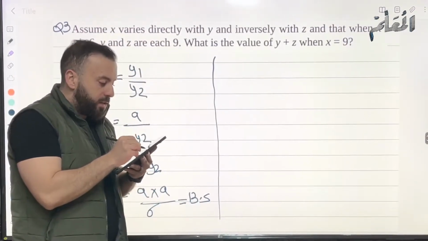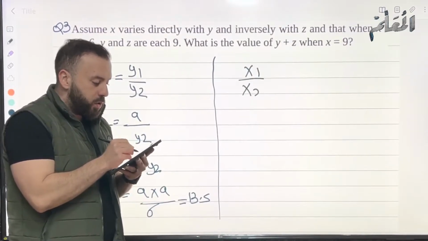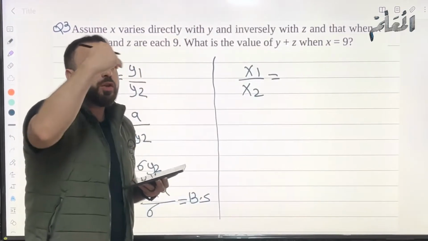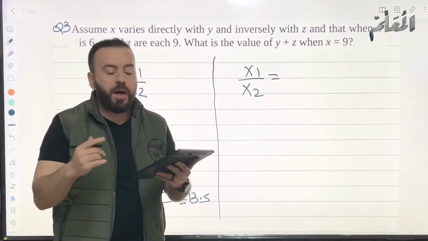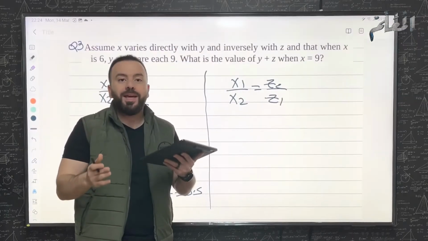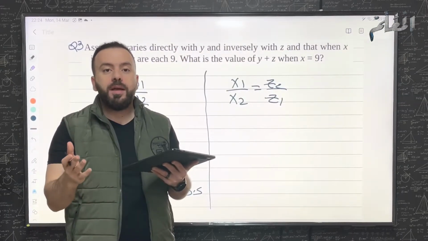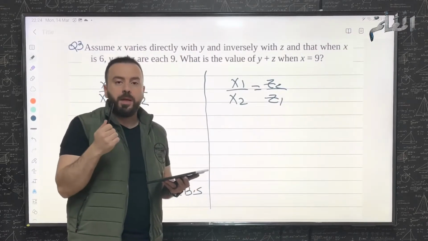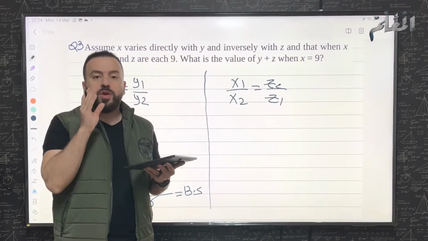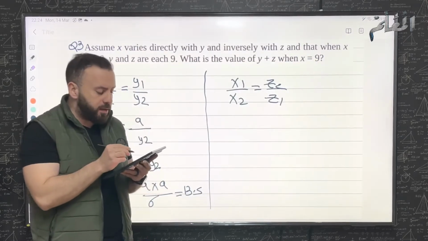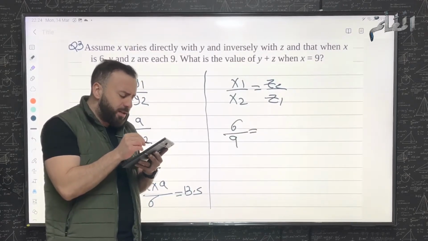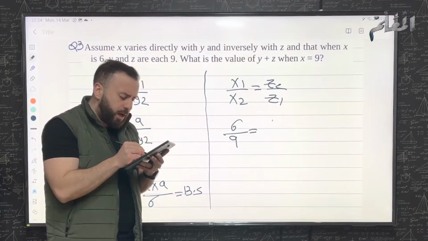So it's x1 over x2 equals z2 over z1. Why that? Because it is inverse, both of the variables have an inverse relation between each other. In this case, x1 is equal to 6, x2 is equal to 9, z1 is equal to 9.